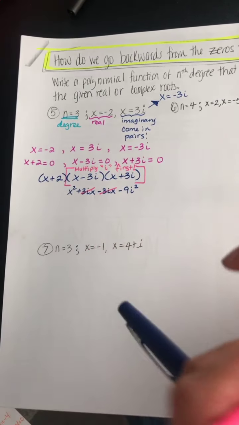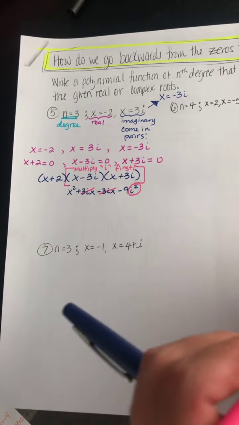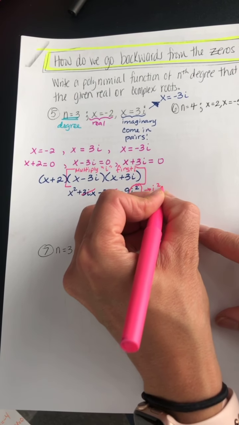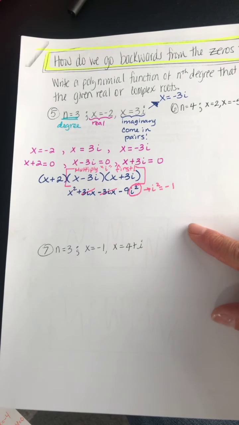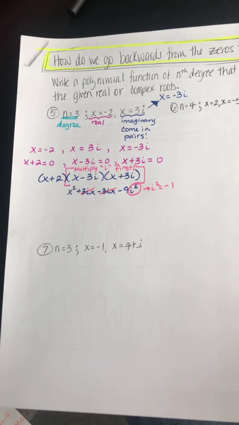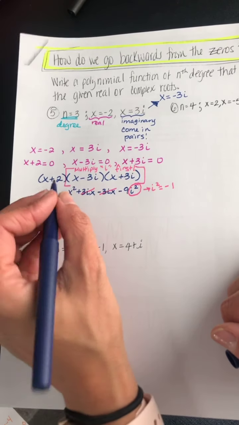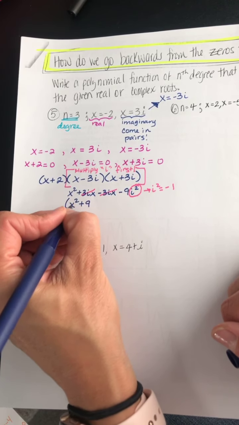They're gone. And this i squared means something. In Math 2, you learned that i squared equals negative 1. So we can replace i squared with a negative 1. And so that's going to make this 9 a positive 9. Okay, so we're going to have x squared plus 9 after we simplify all that.